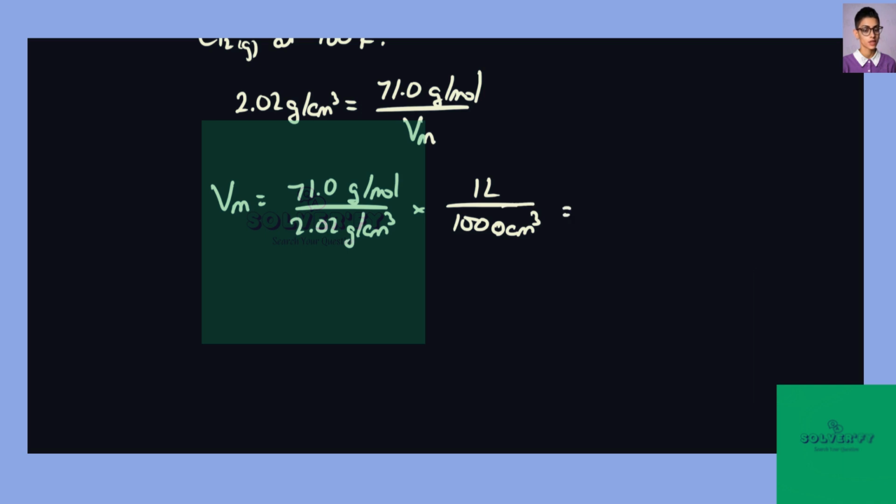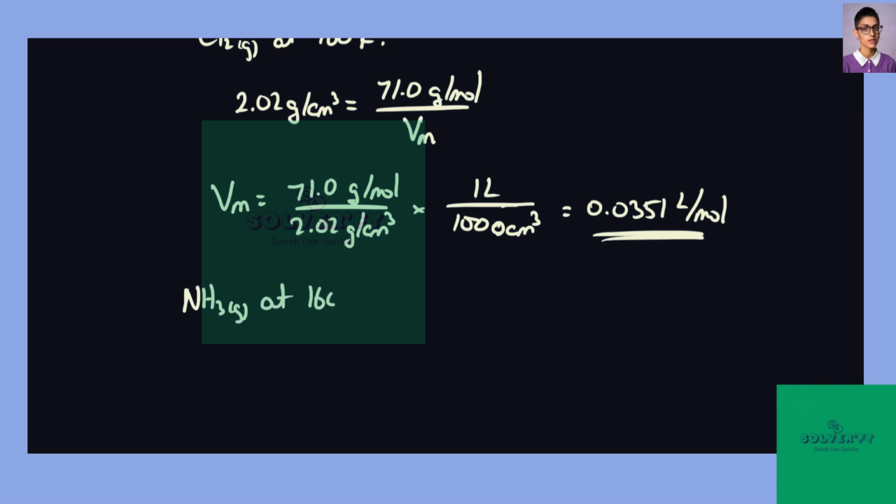This would give us a molar volume of 0.0351 liters per mole. And that would be the molar volume of the Cl2 at 160 Kelvin.